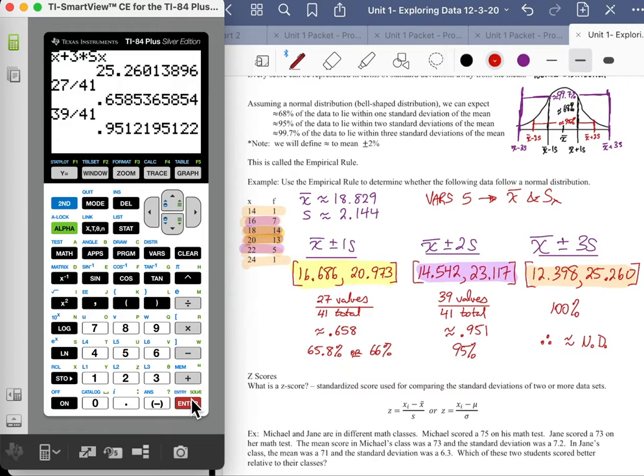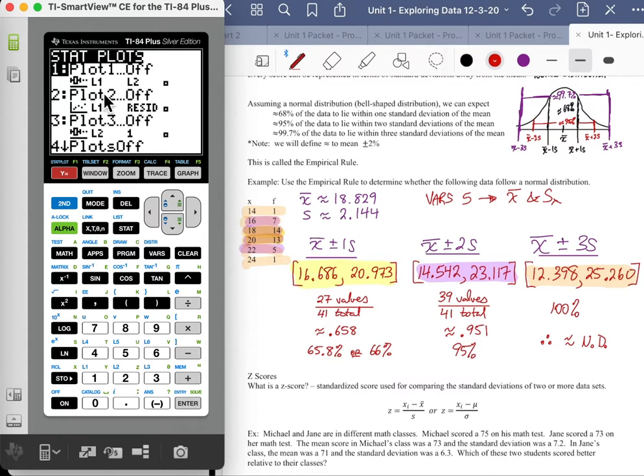All right. As far as a graph is concerned, there is a way to create a histogram on your calculator, and sometimes that could give you a clue going into a problem as to whether or not you're dealing with a normal distribution. So if you hit second y equals, you see all the different plots here? And you could do a histogram on Desmos too.